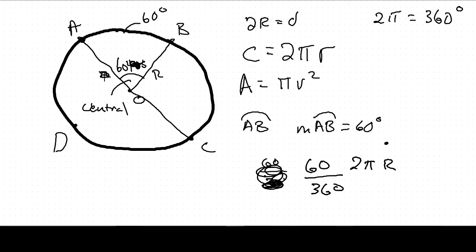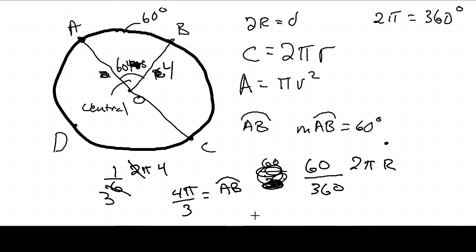So let's say this radius is 4. Then I'm going to reduce this fraction first. So that's 1/6. And then I'm going to multiply it by 2 times pi times 4. Well, this cancels that and makes that number 3, right? And so that would be 4 pi over 3. That would be that arc length.